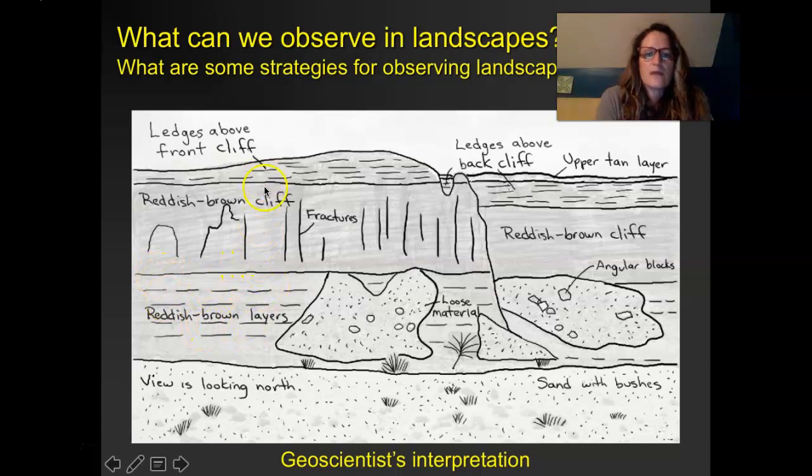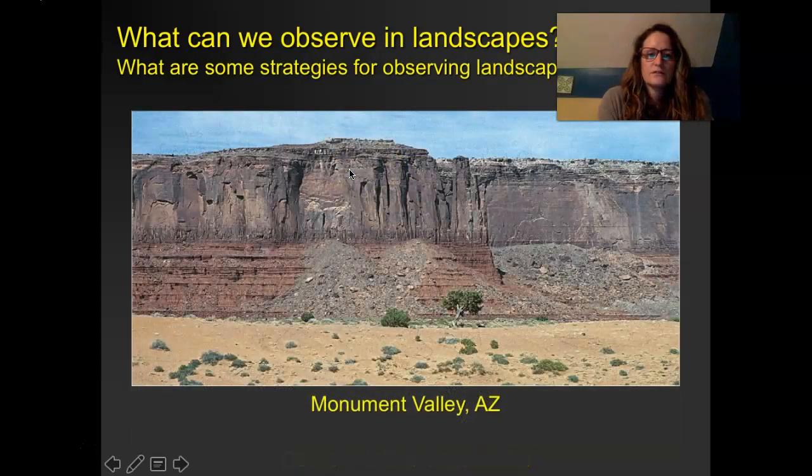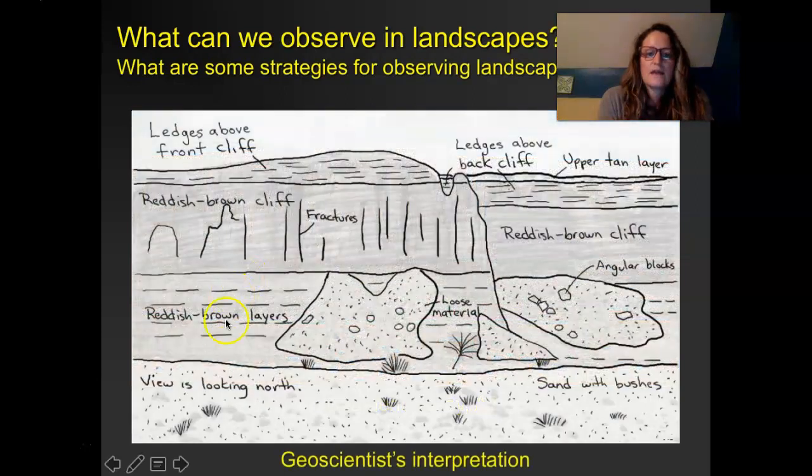We have the massive sandstone here. There are ledges up above that, if we go back, you can see they're finely bedded like the siltstone on the bottom. And then there are those aprons of sediment, and angular blocks that have fallen off the reddish brown cliff above. And then in the foreground, there's sand and bushes.